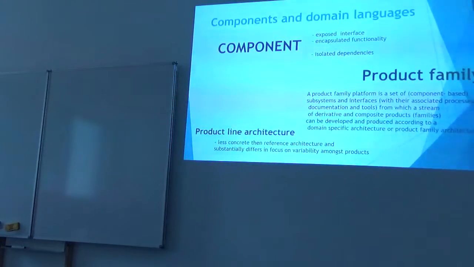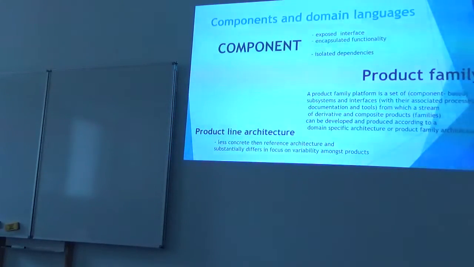As I said, the component in the native meaning is the modular part with an exposed interface and encapsulated functionality. Also sometimes it is like a whole microservice with isolated dependencies, using, for example, virtualenv and Python, or npm and some other package managers, and so on.